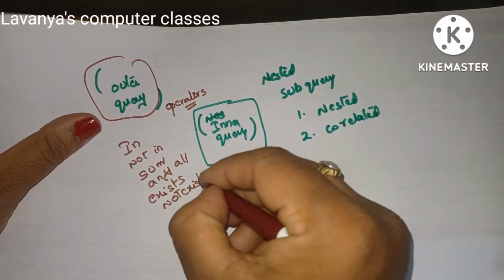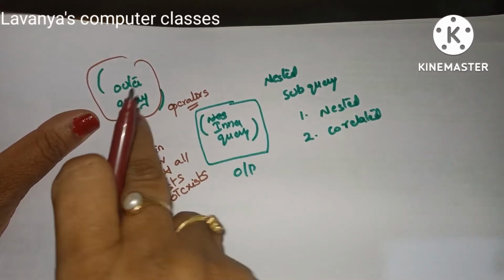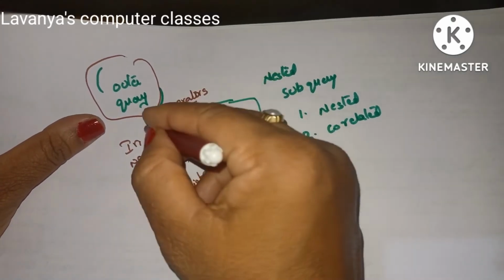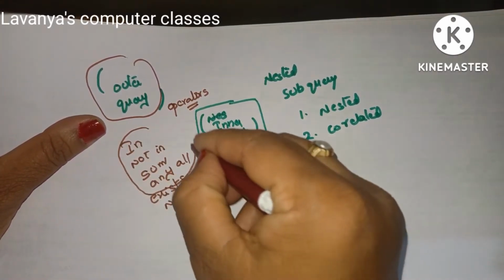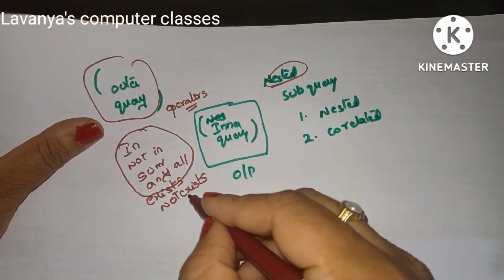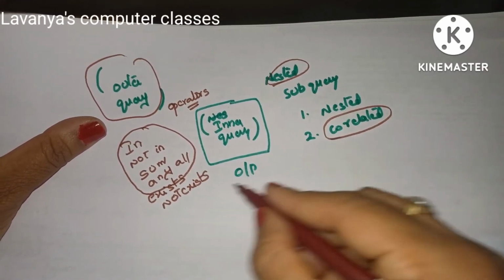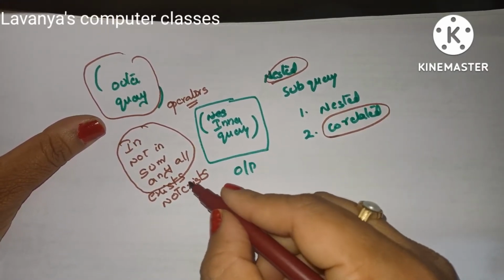These operators are used for relating the outer query and inner query. But IN, NOT IN, SOME, ANY, ALL are used in nested queries. EXISTS and NOT EXISTS are used in correlated queries.